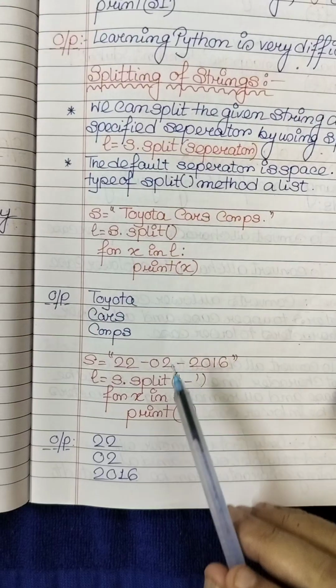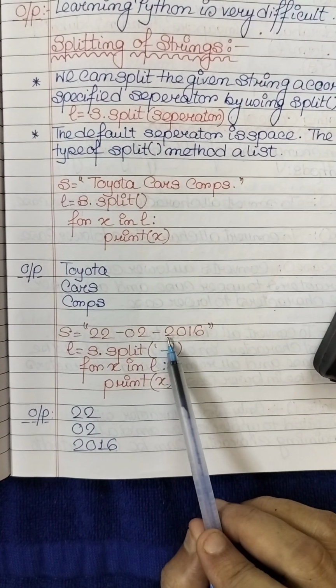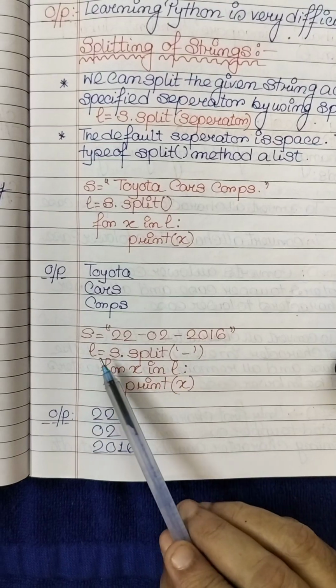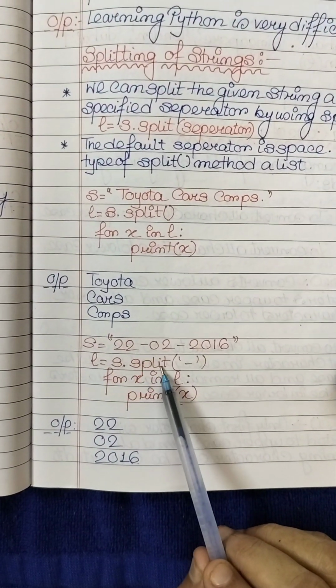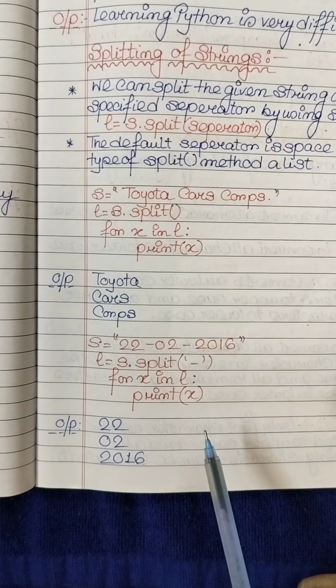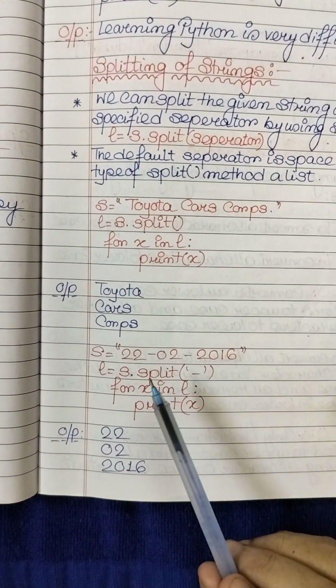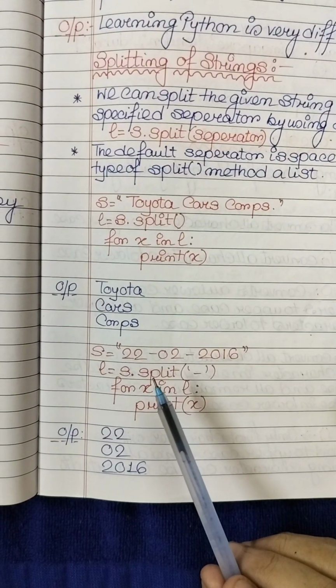s is equal to '22-02-2016'. L is equal to s.split('-'). Here I have given a separator, single inverted comma dash. That means wherever it gets a dash, it will be separated there.